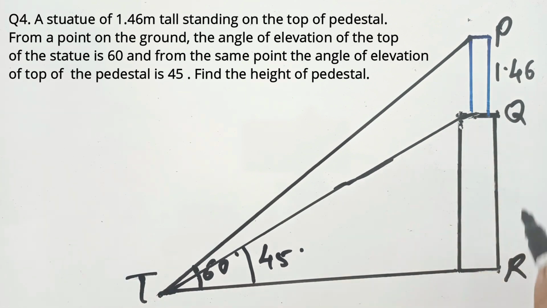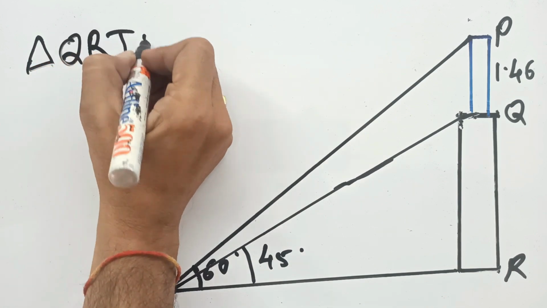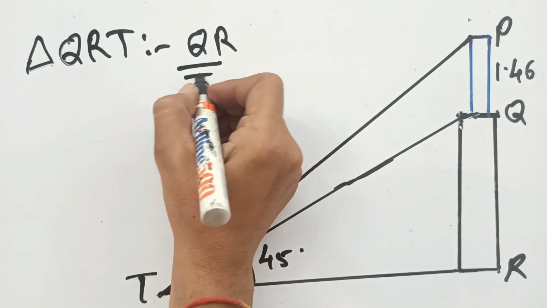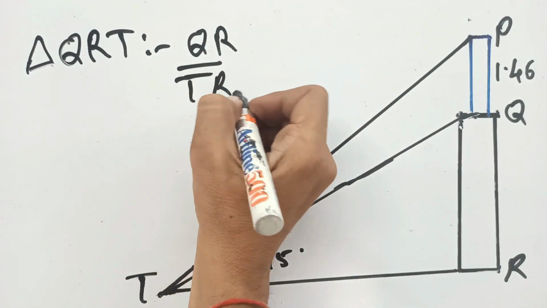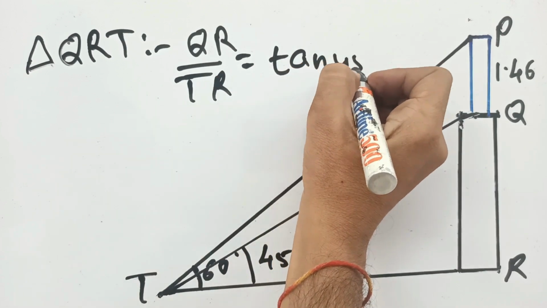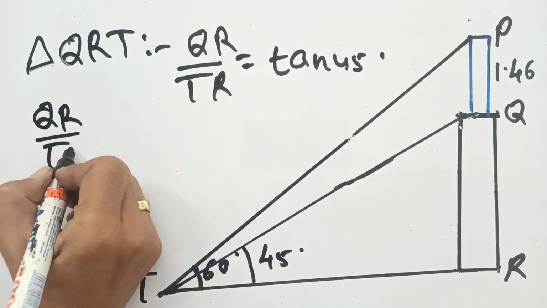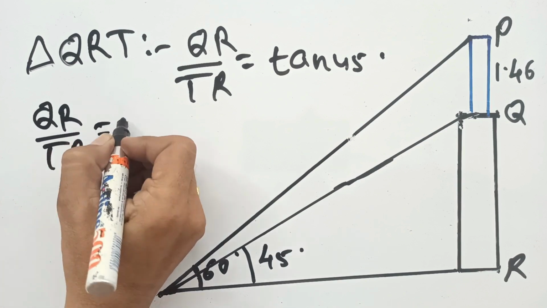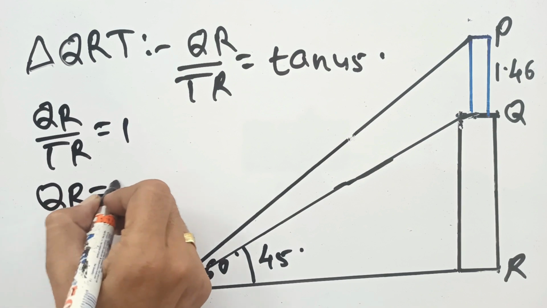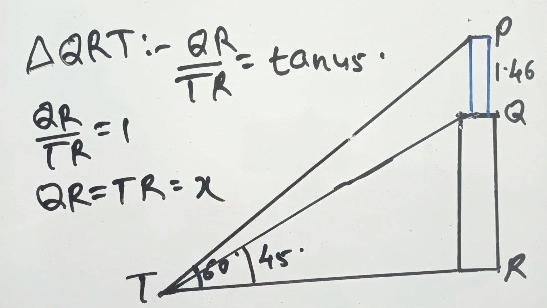Now in triangle QRT, QR upon TR is tan 45, which is 1. So QR is equal to TR. Let us suppose each is x.